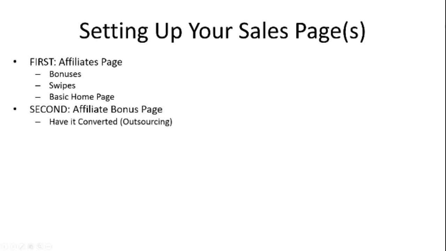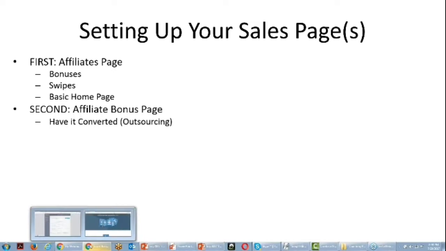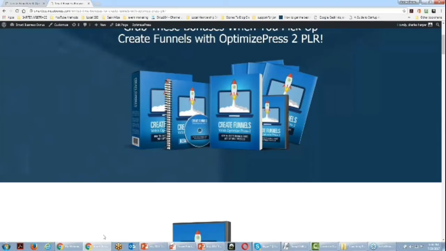Now there is one thing I do want to tell you about this: some affiliates do not have WordPress and they don't want to use your bonus page. So you're going to have to have your bonus page converted to HTML. I know a guy that does it for me for $15, and he's happy to get it, so it's not a lot of money.